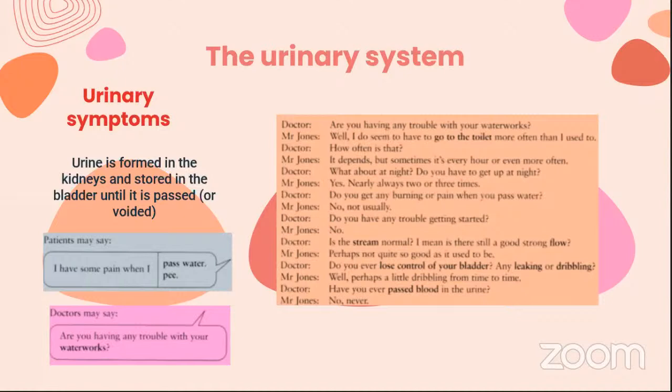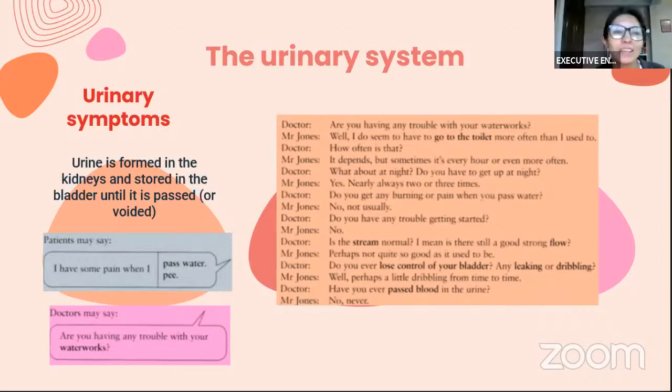Do you ever lose control of your bladder? Any leaking or dribbling? Well, perhaps a little dribbling from time to time. Have you ever passed blood in the urine? No, never. Okay, thank you very much.